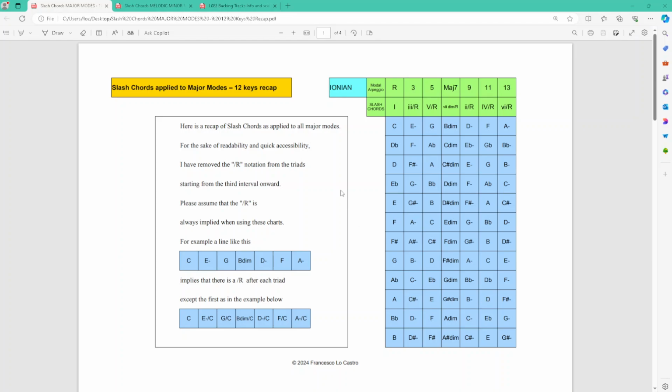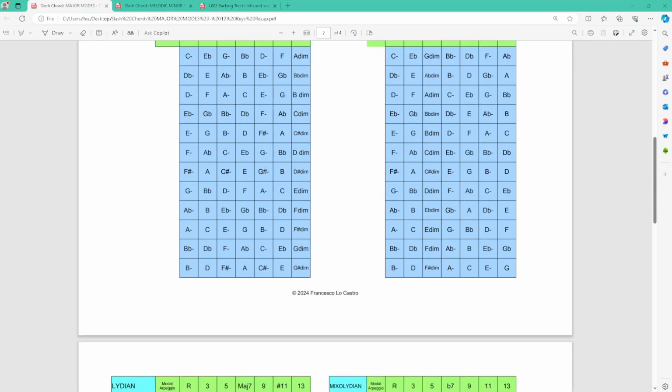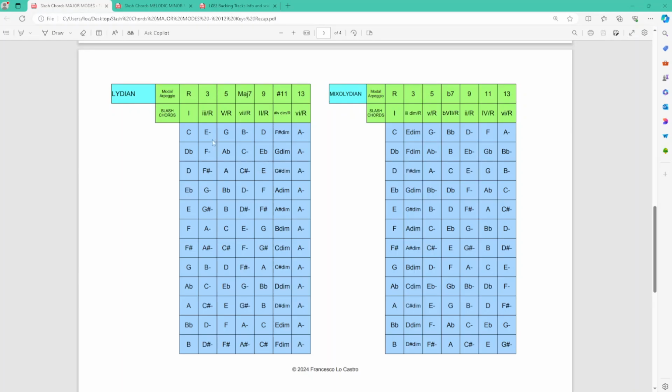And then for D Dorian, all I did was look at the Dorian chart. Let's go to D here. And so these are the triads I could use for D. And again, I opted, I think, for E minor and F because they were the closest to what I previously played in A. Then it was F sharp Lydian. So under Lydian, I went to F sharp, and these are the triads I can use in terms of chords.